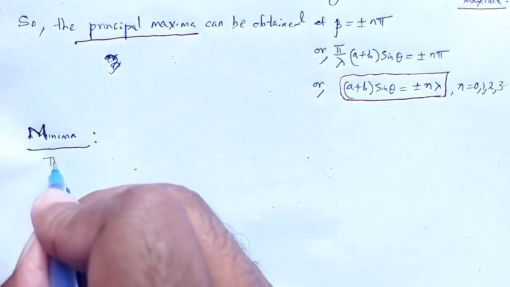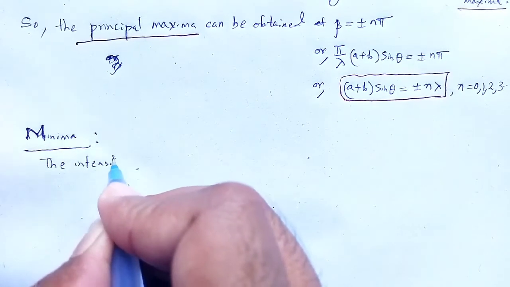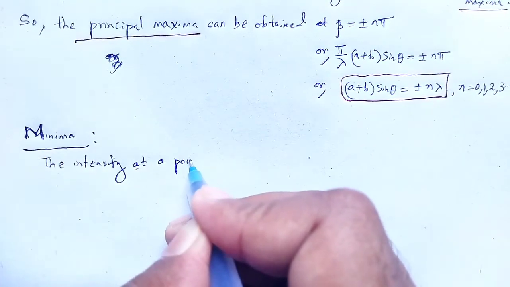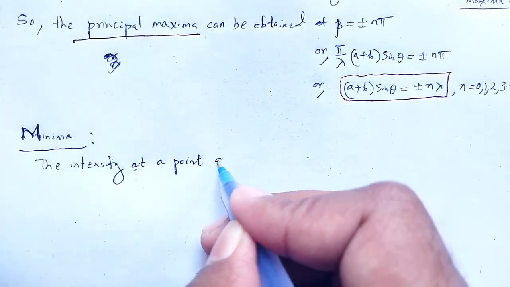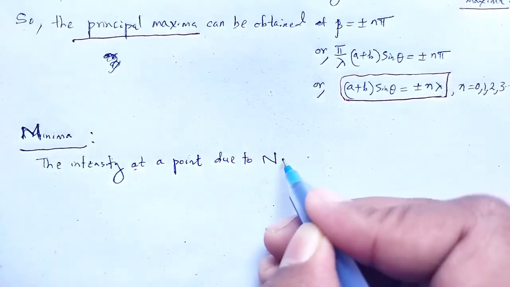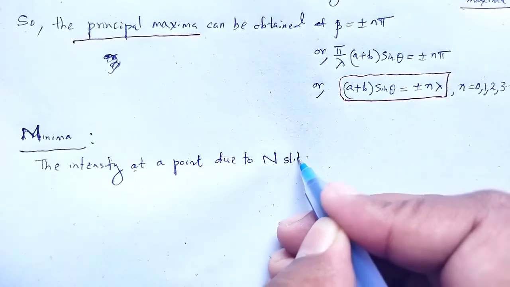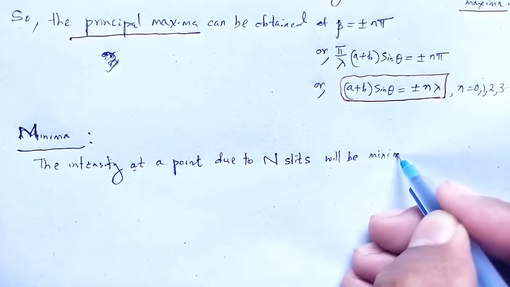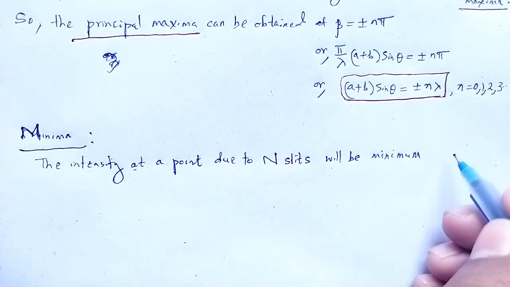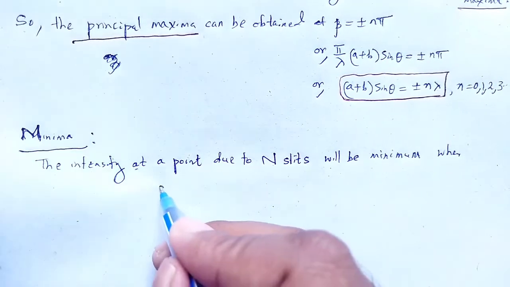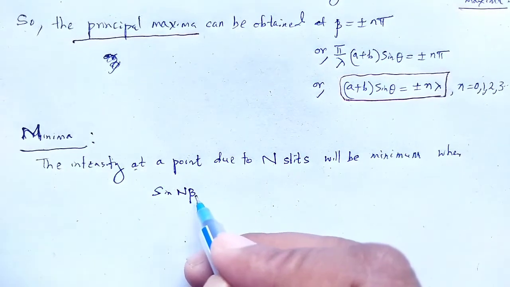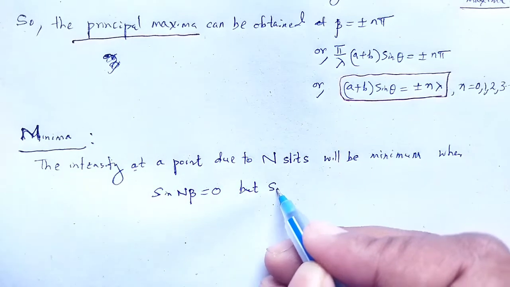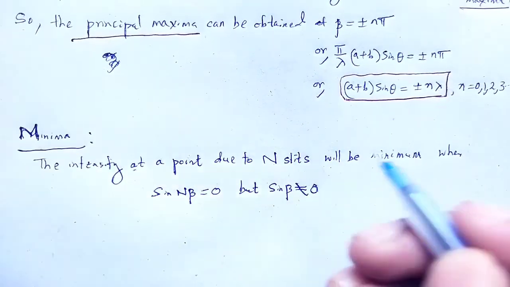The intensity at a point due to n number of slits will be minimum when the term sin n beta is equal to 0, but in that case sin beta does not equal 0.